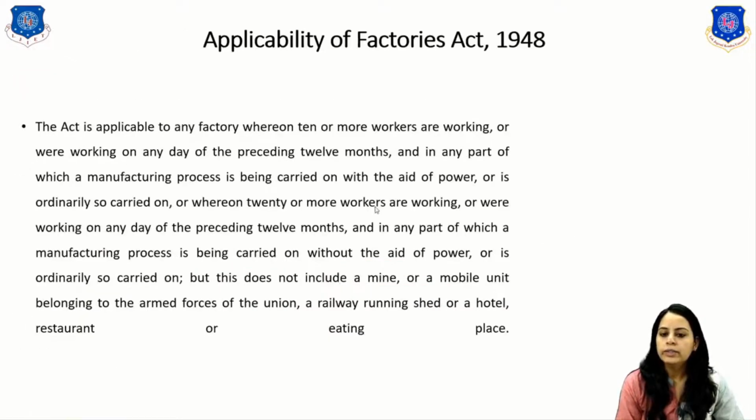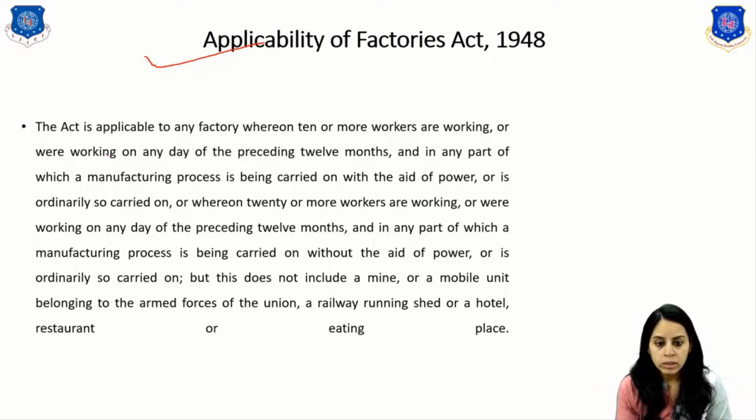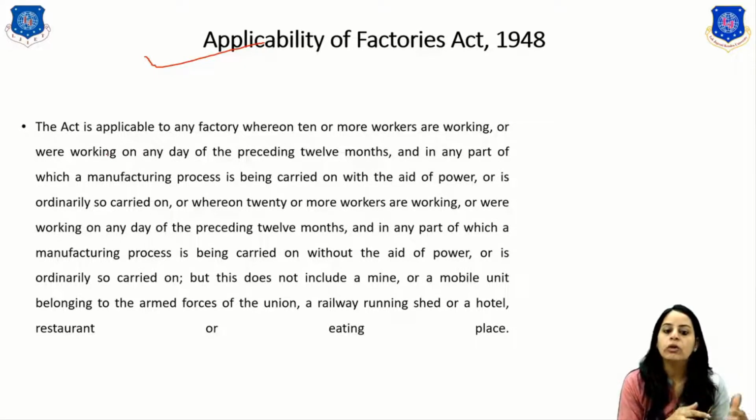Now the next one is the applicability of the Factories Act. The Act is applicable to any factory wherein 10 or more workers are working, or were working on any day of the preceding 12 months, and in any part of which a manufacturing process is being carried on with the aid of power, or is ordinarily so carried on; or wherein 20 or more workers are working, or were working on any day of the preceding 12 months, and in any part of which a manufacturing process is being carried on without the aid of power, or is ordinarily so carried on.